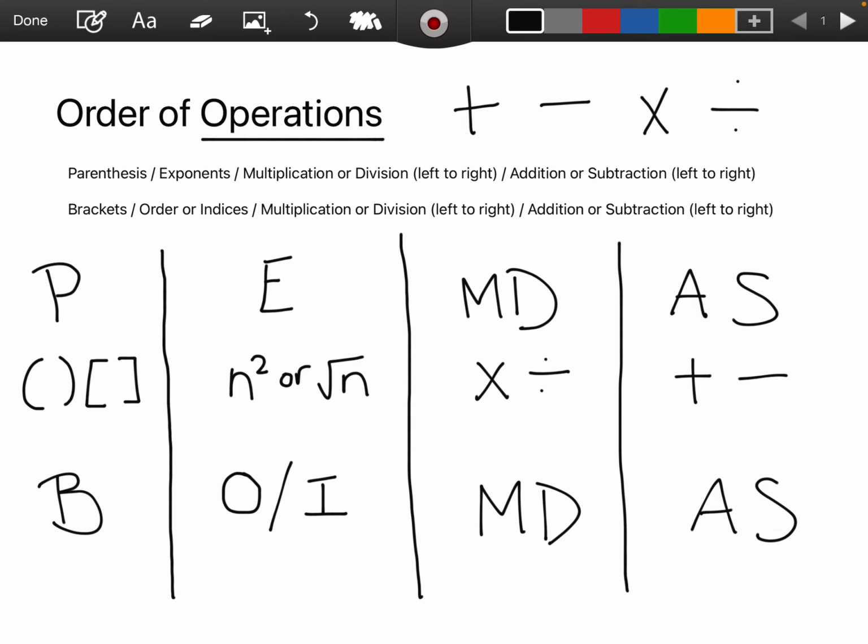To remember what order to do it in, you might have heard of the acronym PEMDAS, which stands for parentheses, exponents, multiplication, division, addition, subtraction. Or you could have heard of BOMDAS, which stands for brackets, order, multiplication, division, addition, subtraction.